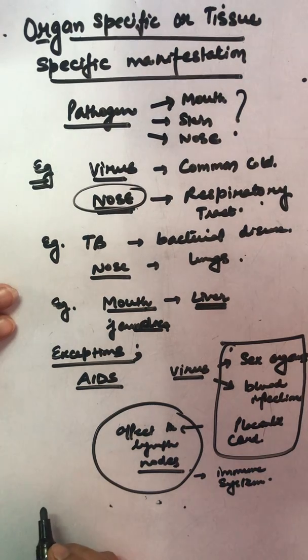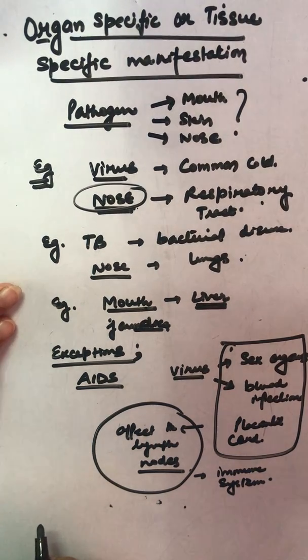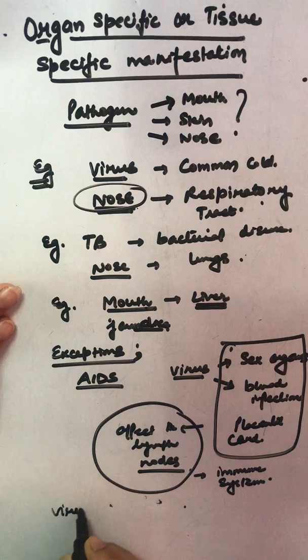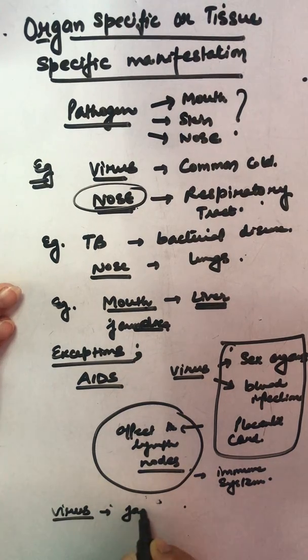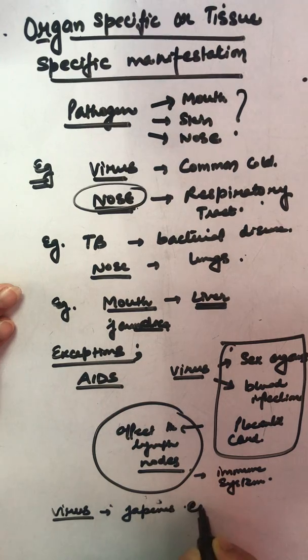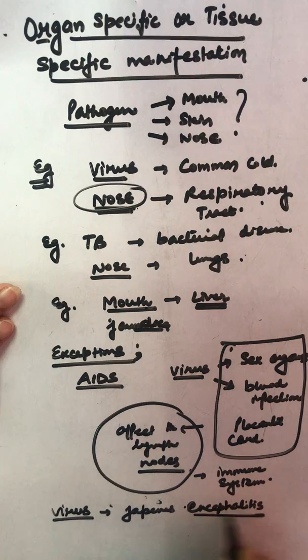Secondly, Japanese encephalitis. It's a virus causing Japanese encephalitis. This is known as brain fever. Now what happens in it?